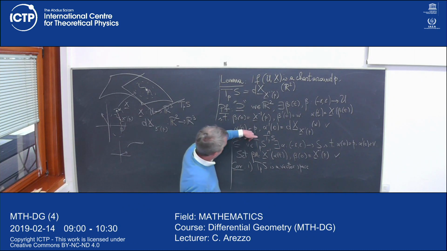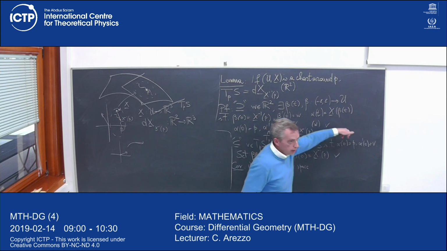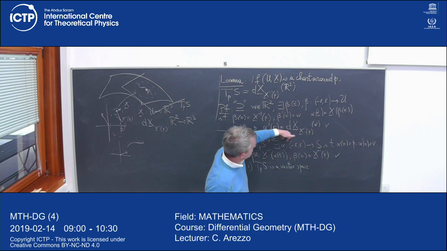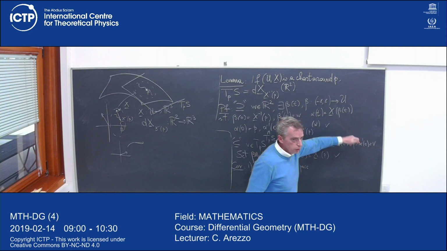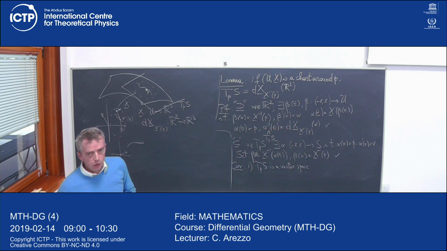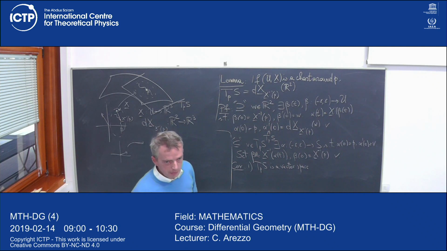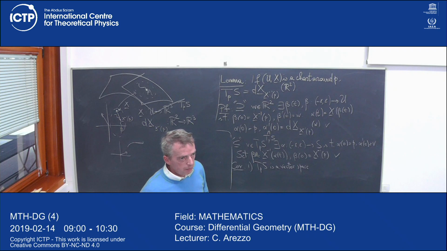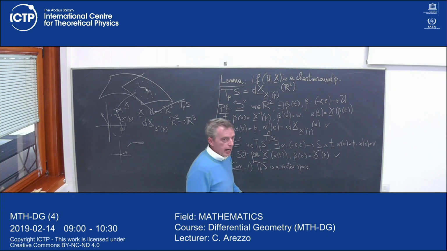The definition of a tangent vector is written here now. V is a tangent vector if there exists a curve such that. Good. So what did you have to prove, in principle, if the exercise was to prove that it has the structure of a vector space? For example, pick two tangent vectors and argue that the sum is a tangent vector.